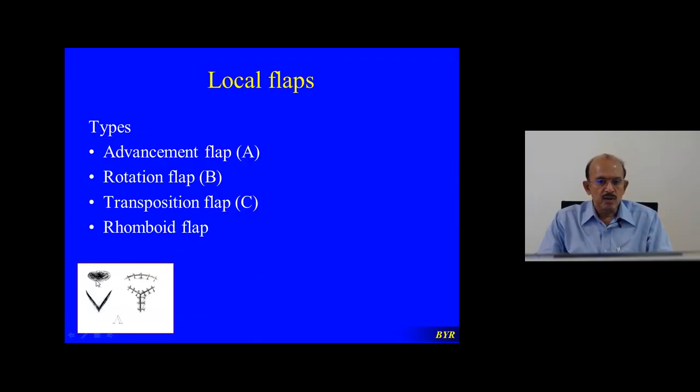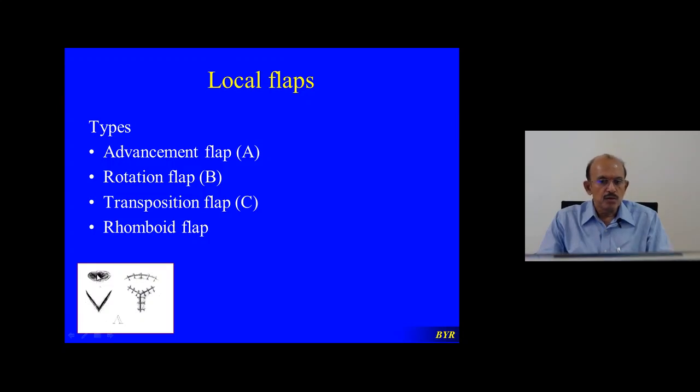Now you can see here, what is the advancement flap? An ulcer is here. This ulcer is X size. You try to suture it. Because the gap is more, you cannot approximate it.